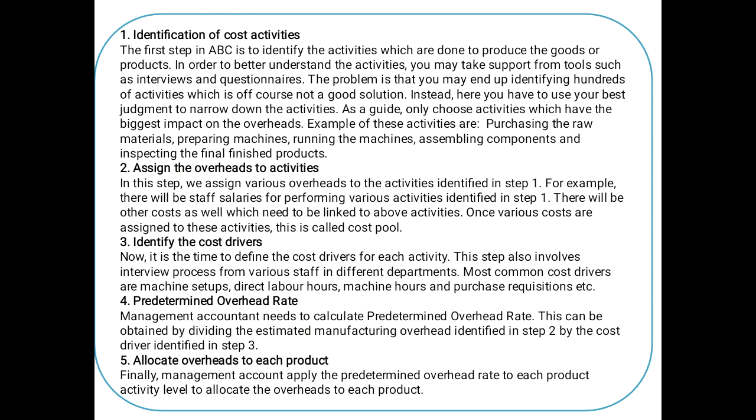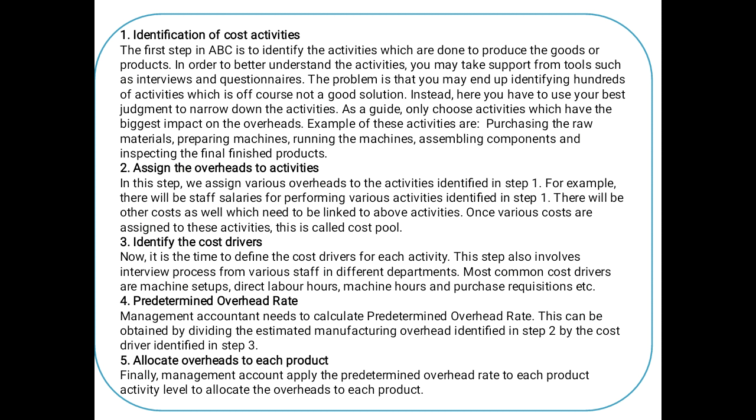You may have 100 activities, but you cannot collect the cost of all of them. Firstly, we identify which activities are the main ones, or have the most impact on our overhead cost. Then those activities' resource costs can be collected to find out the final cost of the product, goods or services.